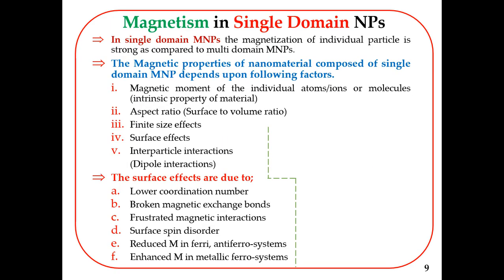Magnetism in single domain nanoparticles is very different from its bulk counterpart. In a single domain nanoparticle, the magnetism of the individual particle is strong as compared to multi-domain particles. We have different effects in single domain nanoparticles, which are due to the magnetic moment of individual atoms within the core, and also the aspect ratio.